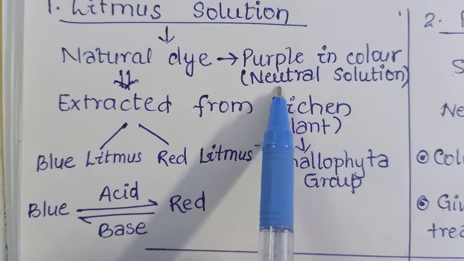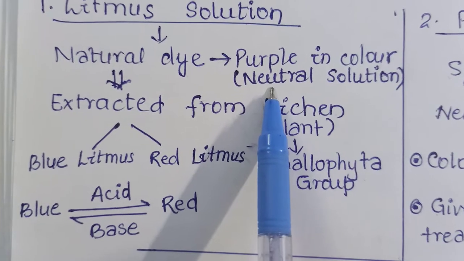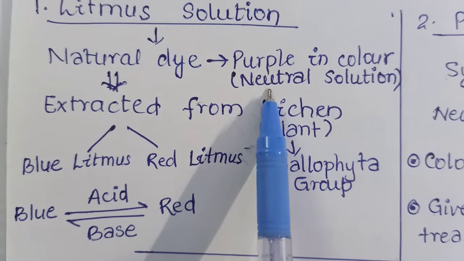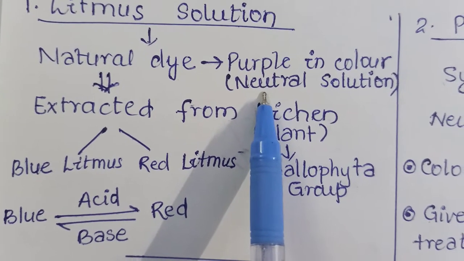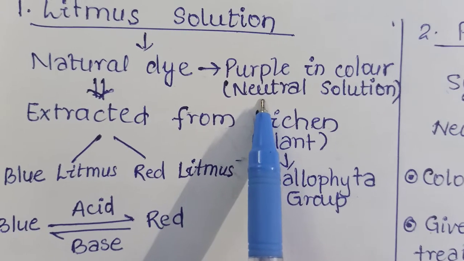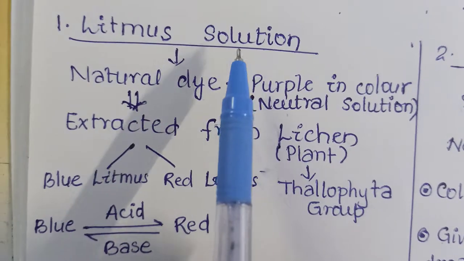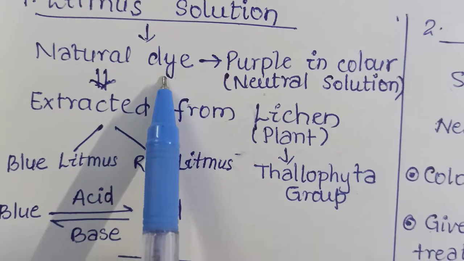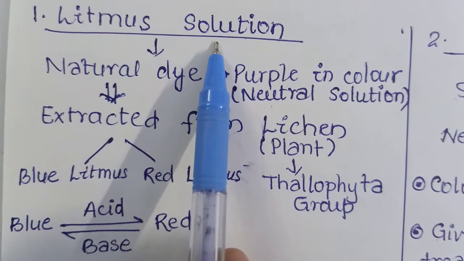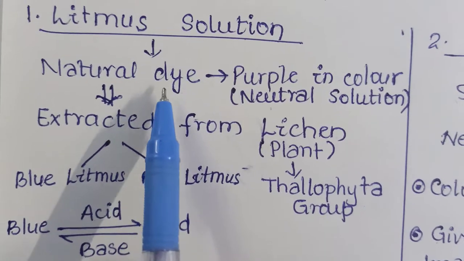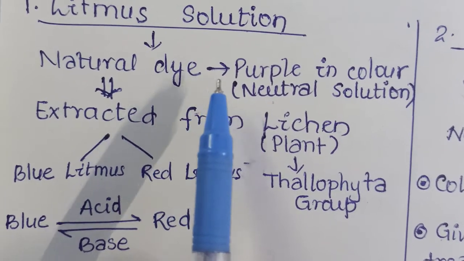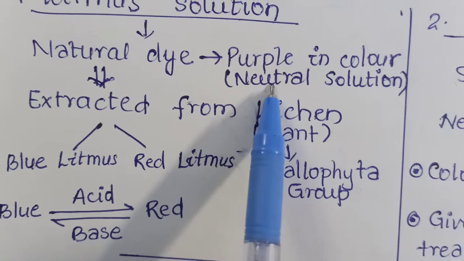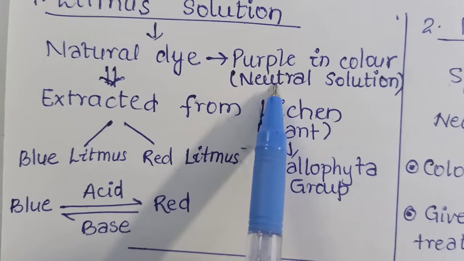Litmus solution is a natural dye. Its neutral solution is purple in color.